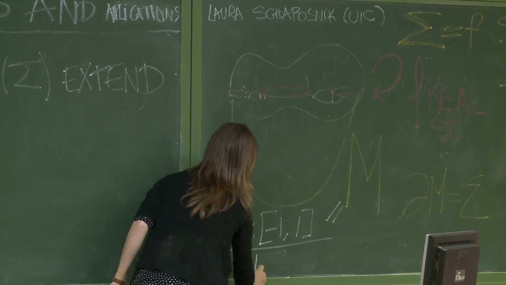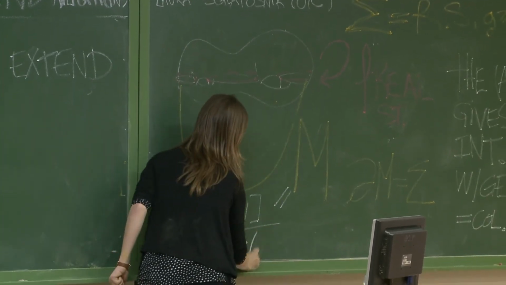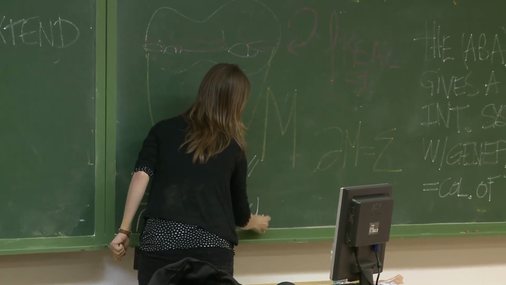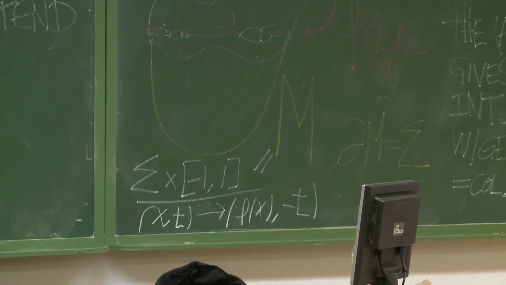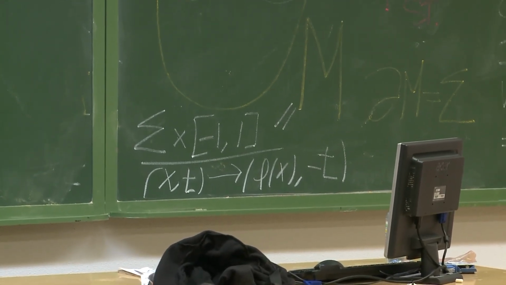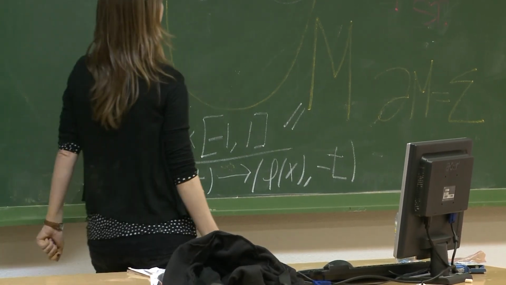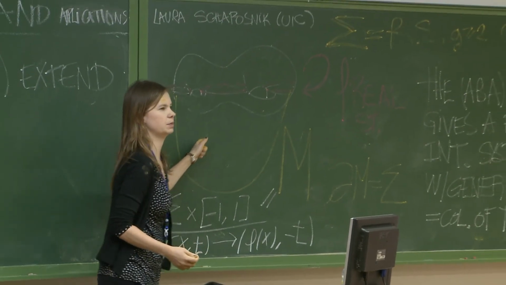So x, t, a point x in the Riemann surface and t in the interval, I'll send it to f of x, minus t. So there's a way of finding the real structure that will take you to that representation of the 3-manifold. And once you have it, you ask this question and we'll answer it from this perspective.